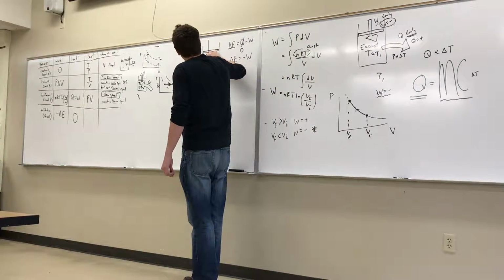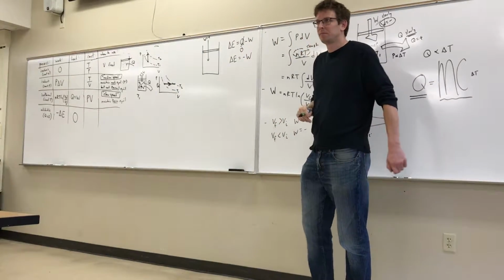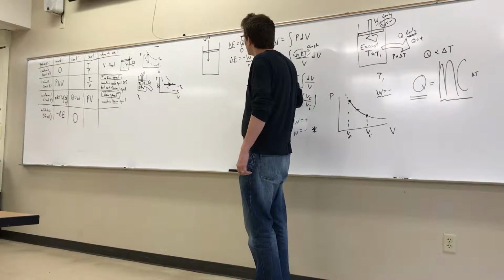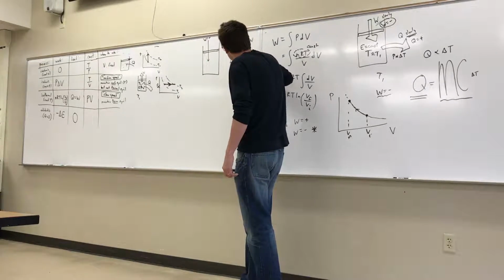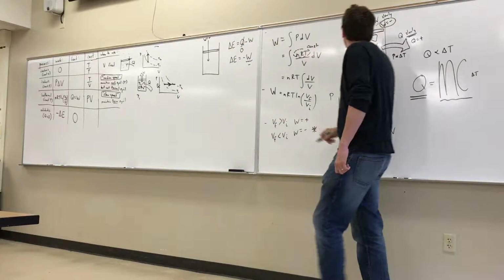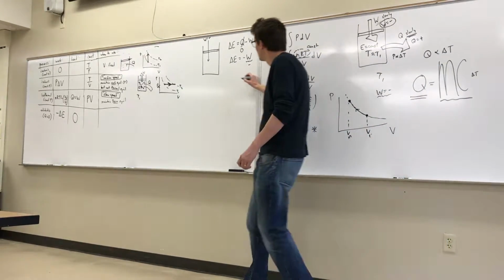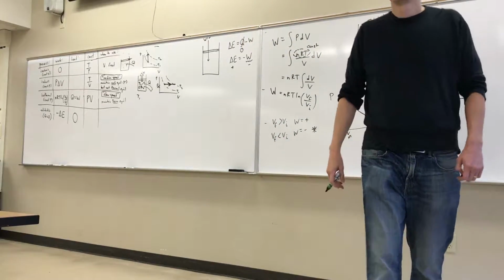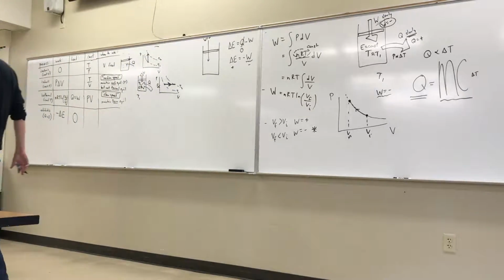Remember, when work is positive, that means that energy is going in. So if the work is positive, work is negative when it's going in, excuse me. So when work is negative, that means it goes in. That means that the change in energy is positive. So we put energy into the gas in the form of work, and the temperature goes up.